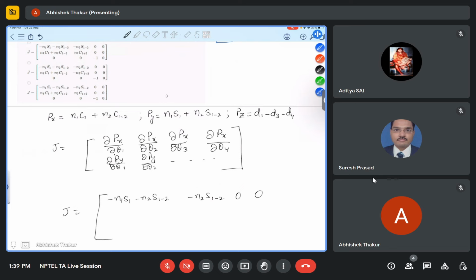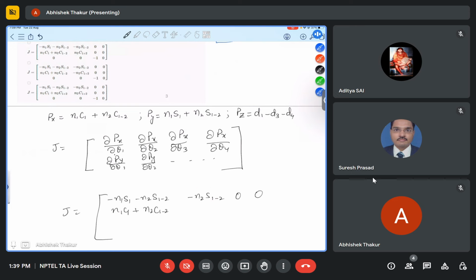Now when you do it with respect to py, n1 s1 will become, since differentiation of sine is cos, n1 c1 plus n2 c1 minus 2.